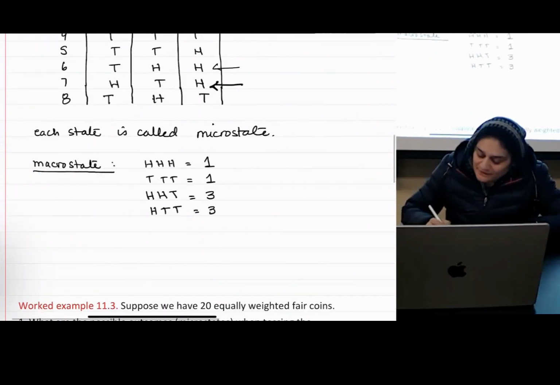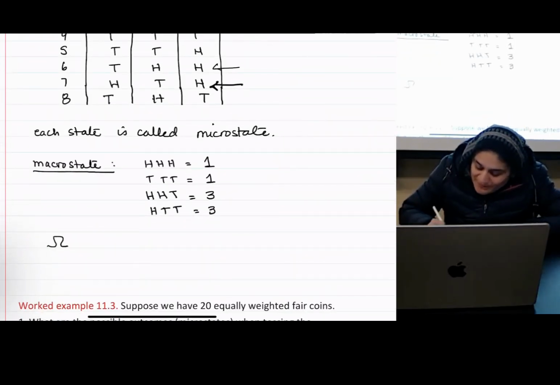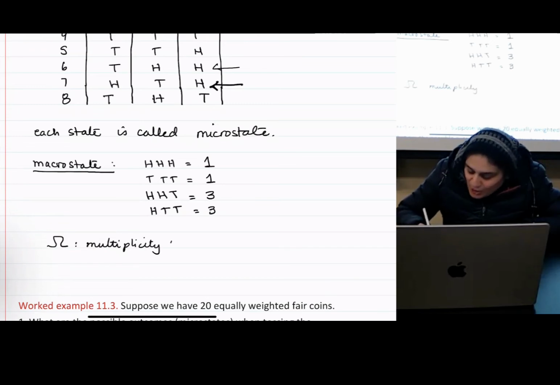Right? And another thing is called omega. It is the multiplicity of the macrostate.